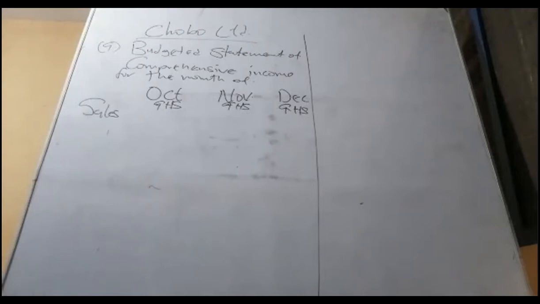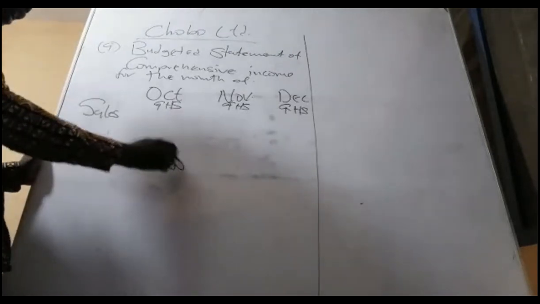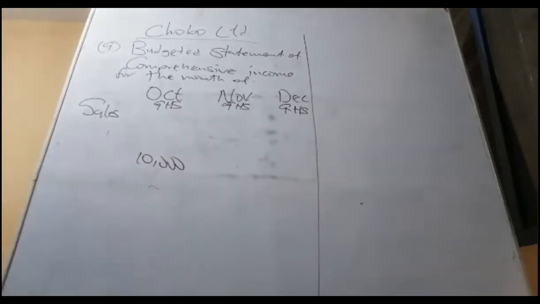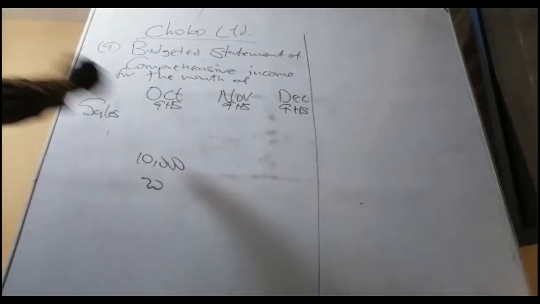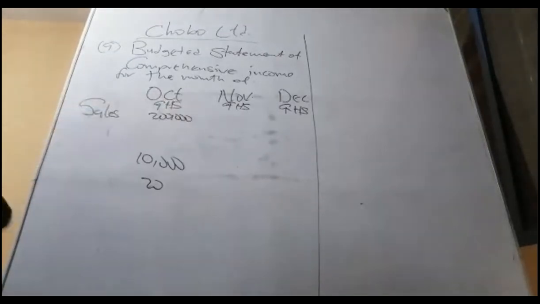So the sales unit for October was 10,000 according to the question. Sales unit is 10,000 units, and the selling price is 20 Ghana cedis. So therefore, sales revenue will be 200,000.